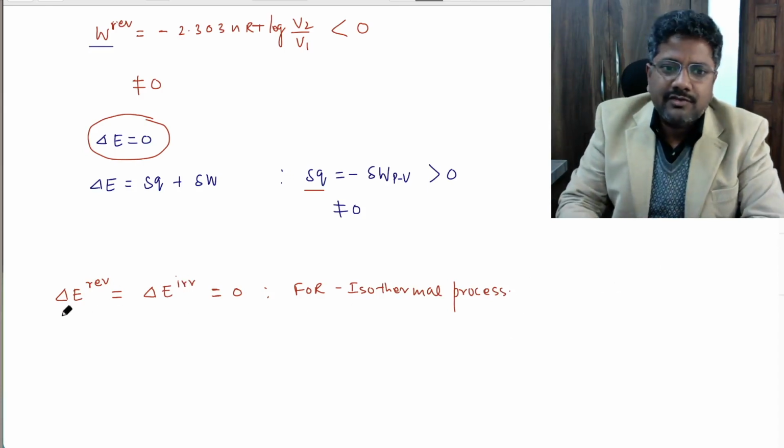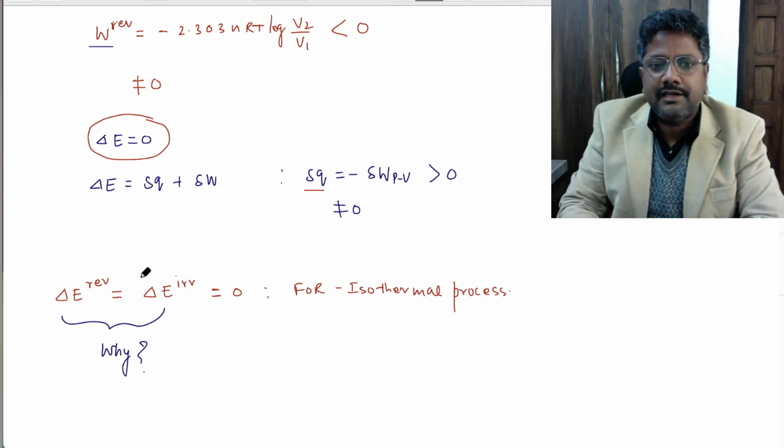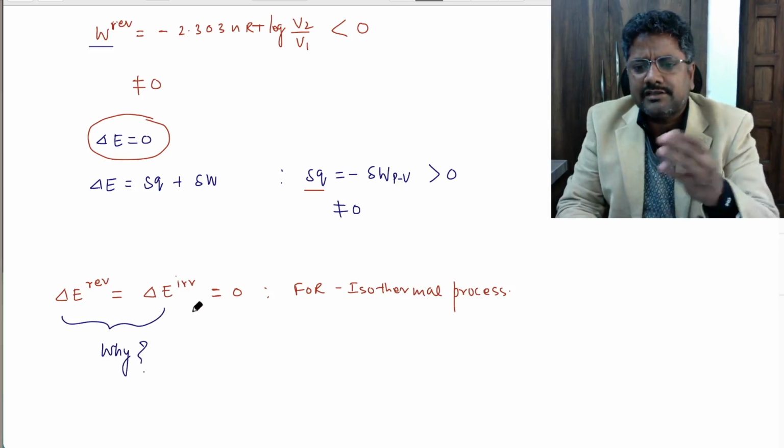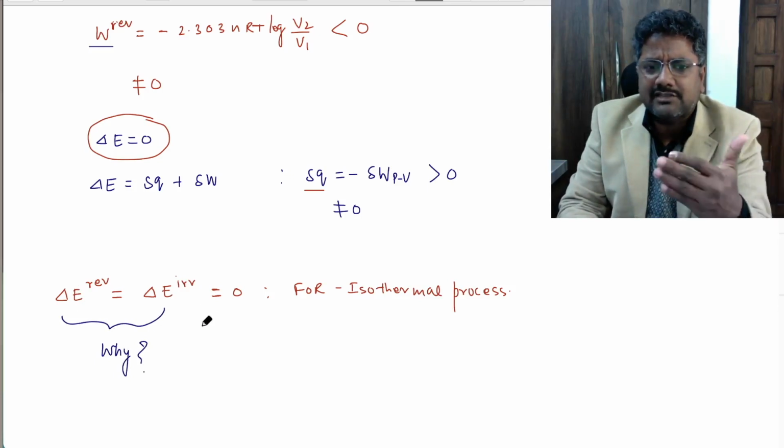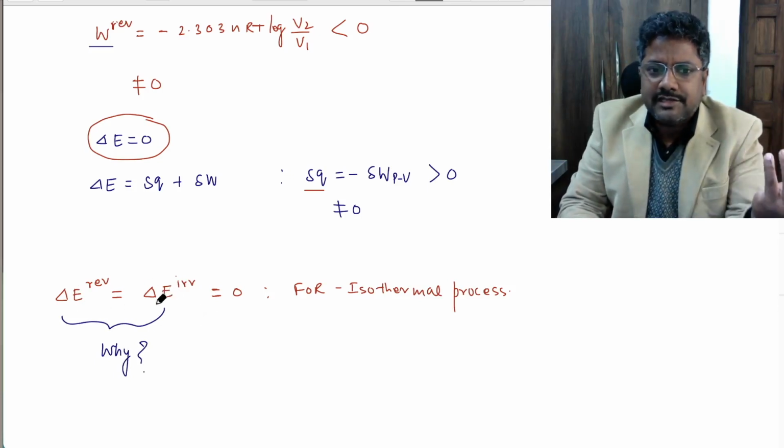So if a question is put up here, why are delta E reversible and irreversible equal? Reversible and irreversible are the paths, and you know delta E is a state function. So why is this equal?